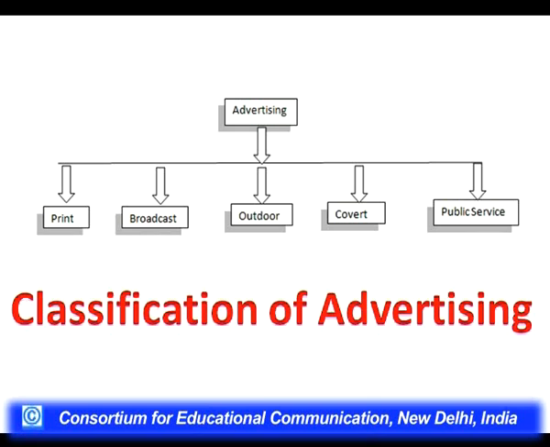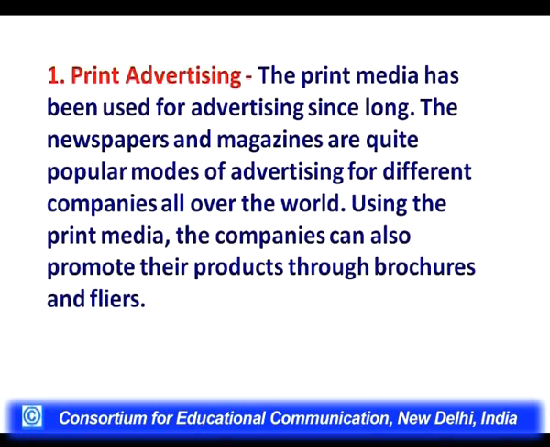First one is print media. Second is broadcast, third is outdoor, fourth is covert, and the last and the fifth one is public service. Now, we will discuss in detail the meaning of all these classifications.